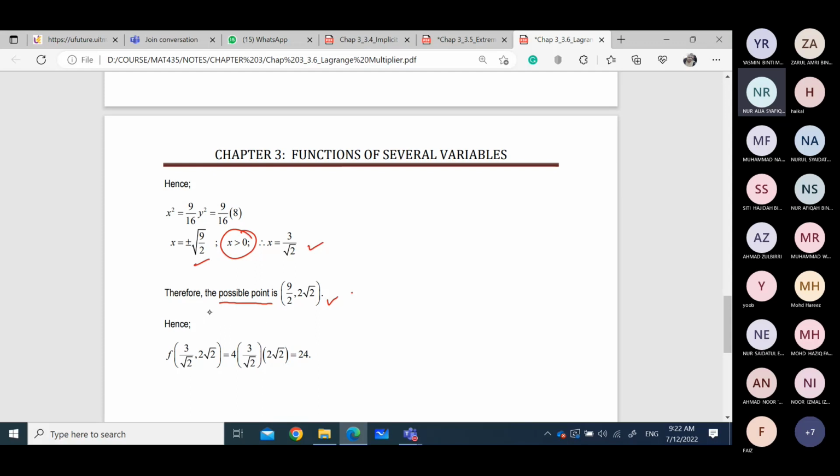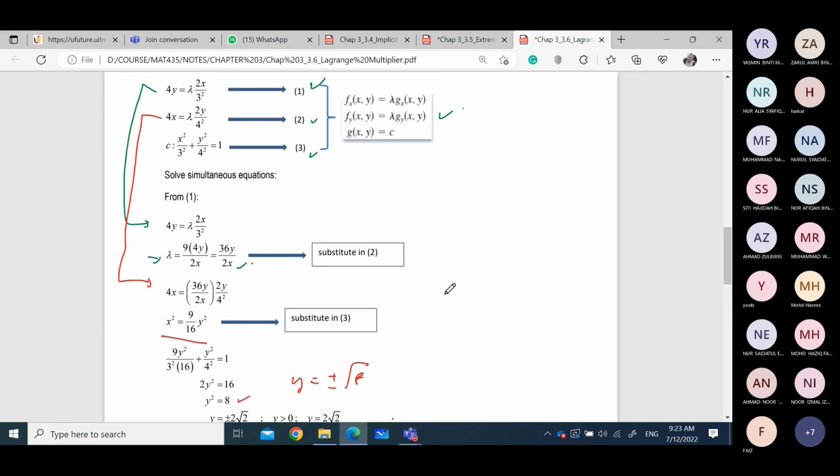Okay, so now we find the value of the surface with the obtained point. You substitute it in here and you will get 24. So this one, f of x, what was it earlier? The function here is 4xy, right?